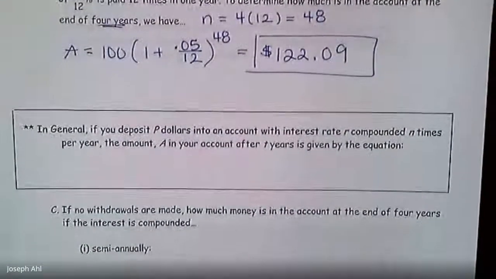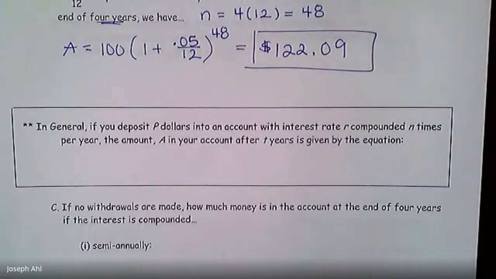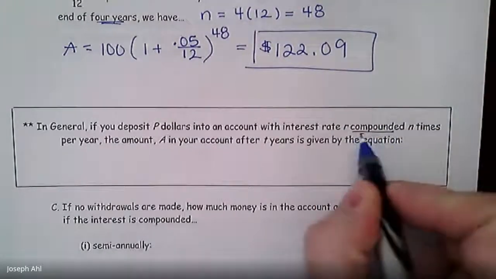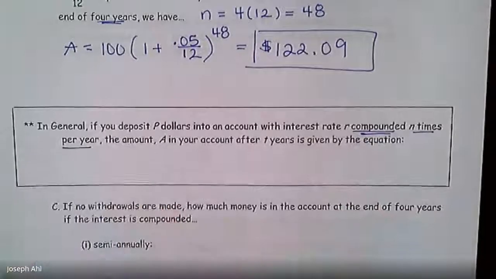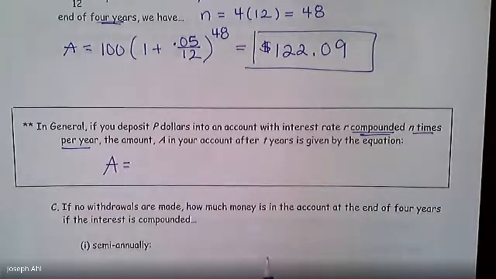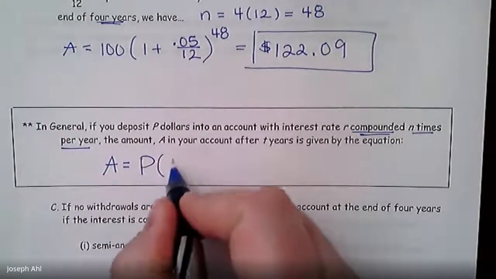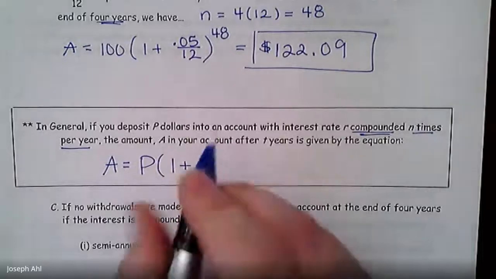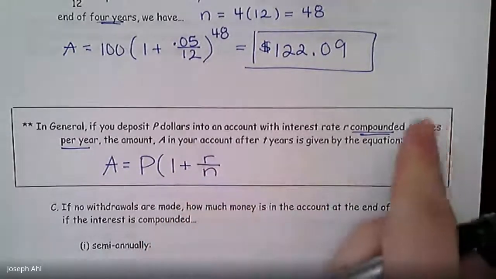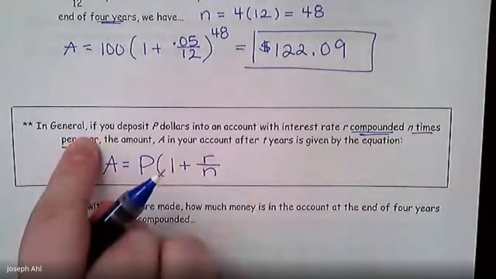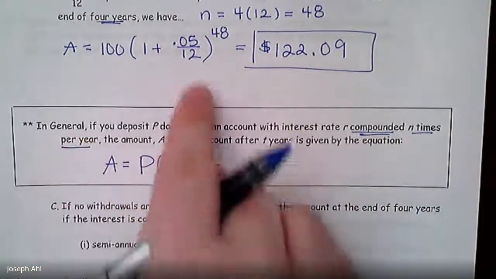Okay, so there's going to be a different formula that we use when interest is compounded n times per year. And the formula that we're going to use is A equals the initial investment P times 1 plus, we're going to take the rate and divide by n, where n represents how many times per year the interest is applied.